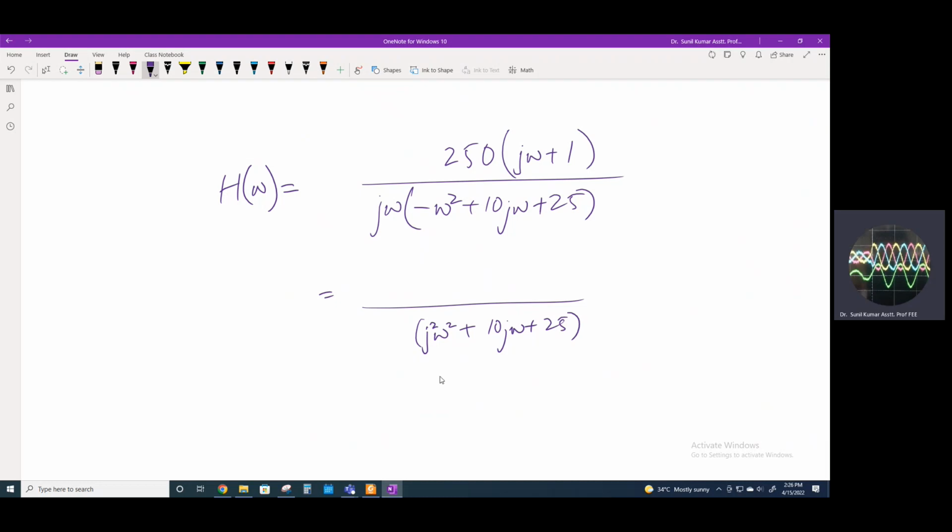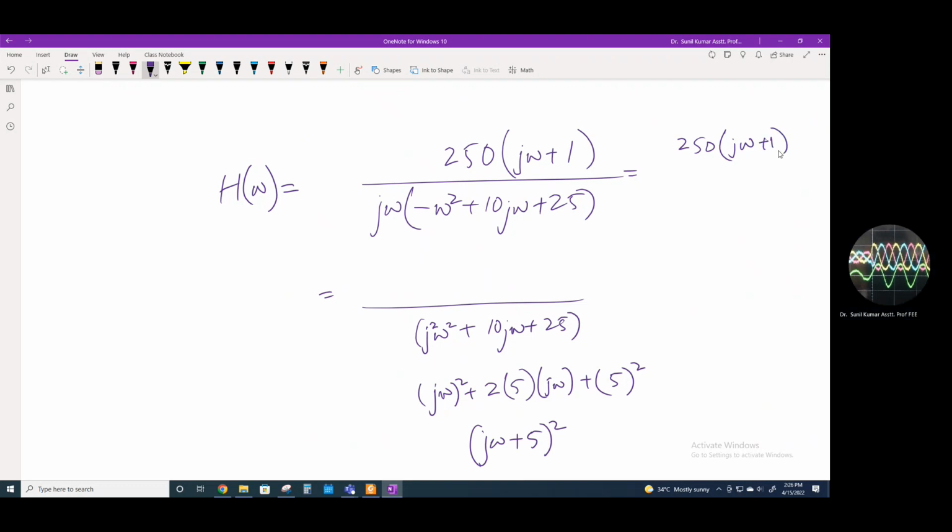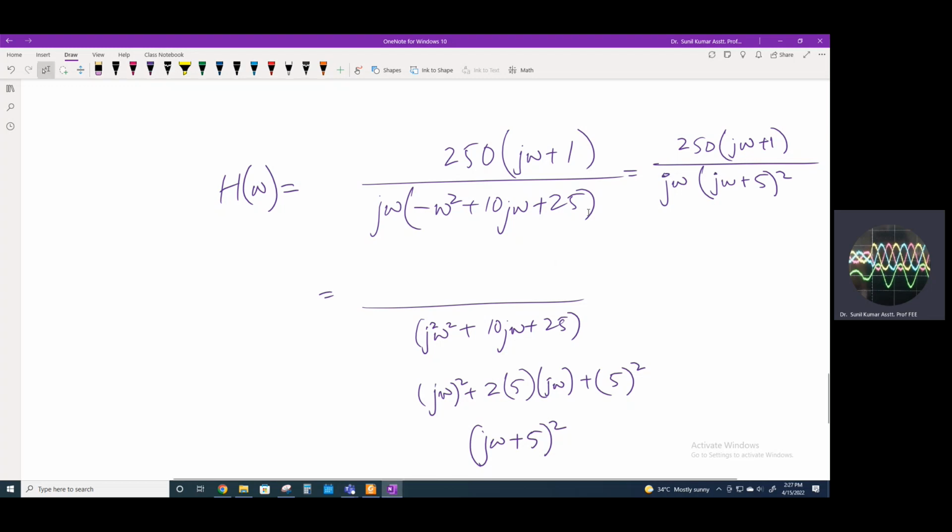So this becomes a complete square. That means we can write it as j omega plus 5 whole squared. So this makes the transfer function as follows. Okay. So now we can construct the Bode plot using the techniques we have already covered.